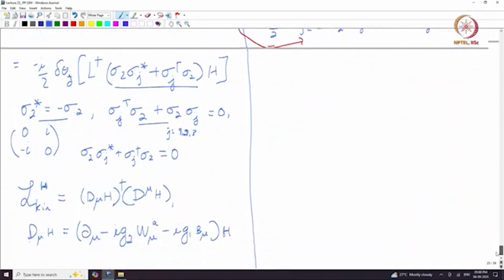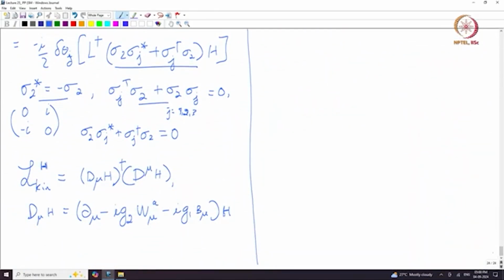Next, if you look at the kinetic term also of the Higgs field, because of gauge invariance I had to write down this covariant derivative, and because of that, what do I get? I get terms like H dagger H, W mu, W mu, and so on, right?